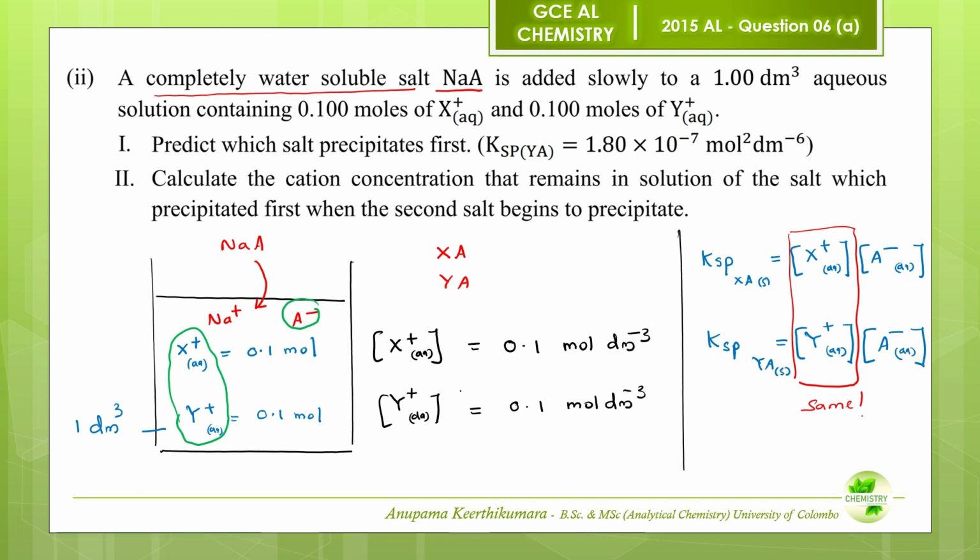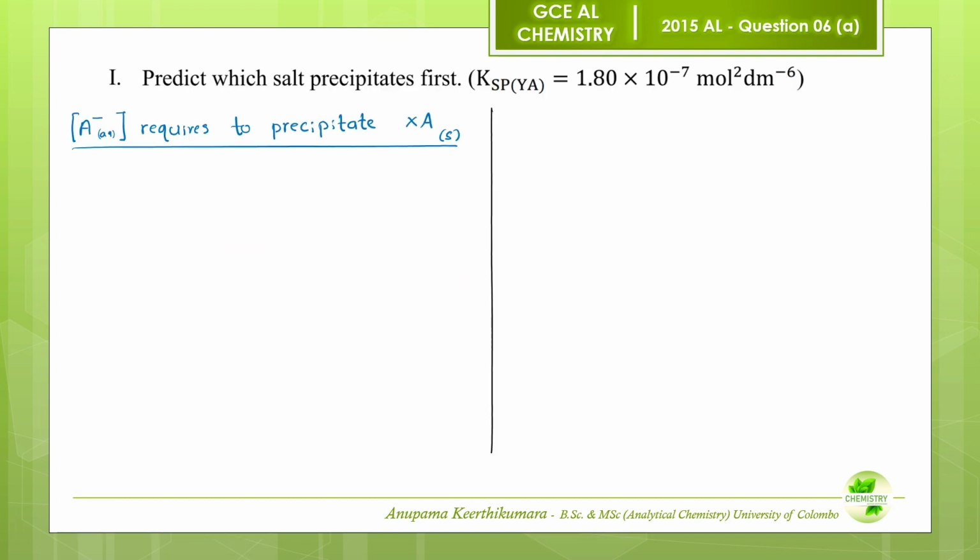Now we will move to the calculation. First, we will calculate the concentration of A minus ions required to precipitate XA solid. Solubility of aqueous X plus ions is 0.1 moles per cubic decimeter, and we need to calculate the concentration of A minus ions.